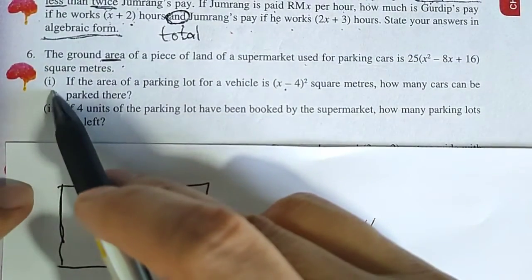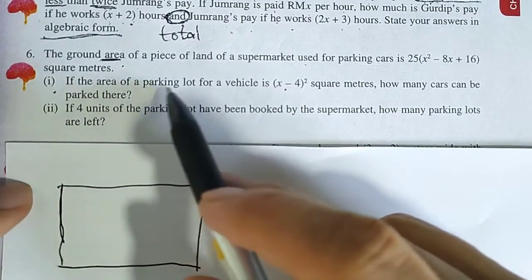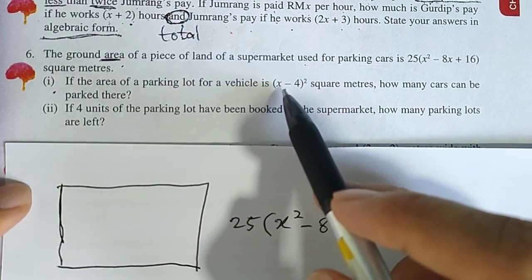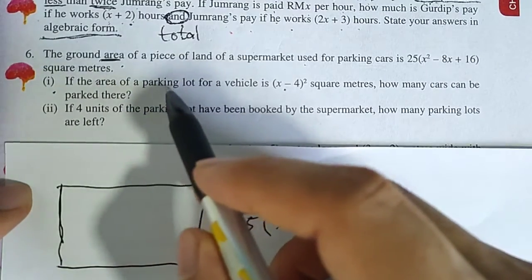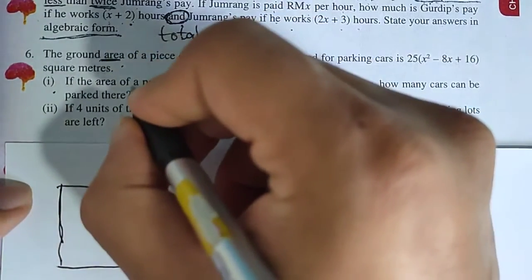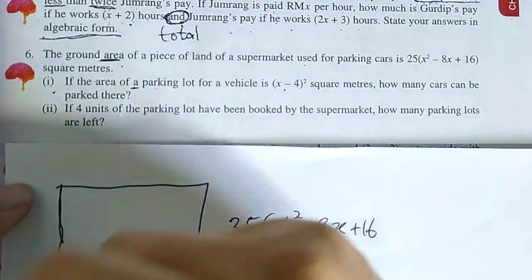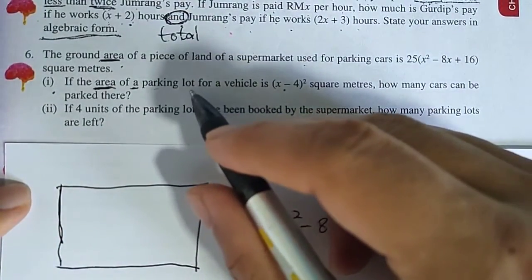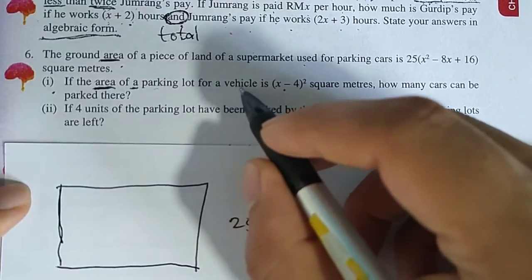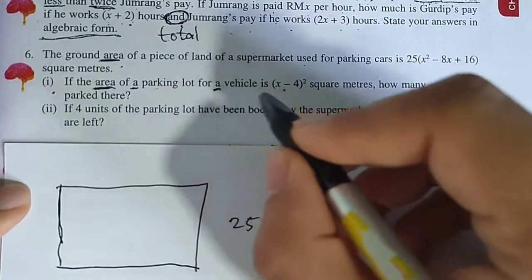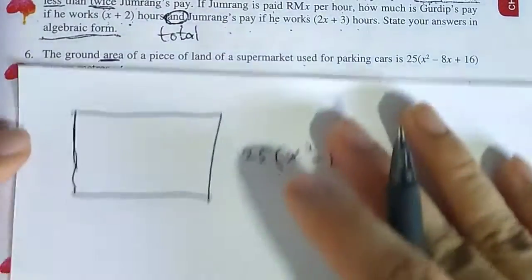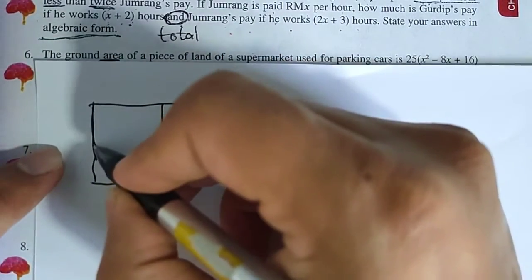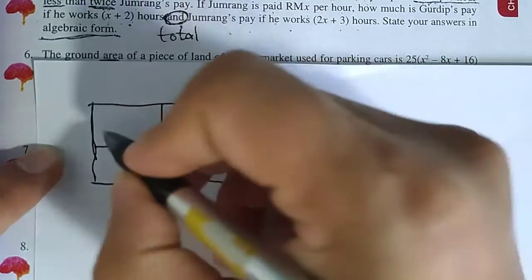Square meters. Number 1, if the area of a parking lot for a vehicle, only one, means only one slot. This is the big place, the big ground, okay.